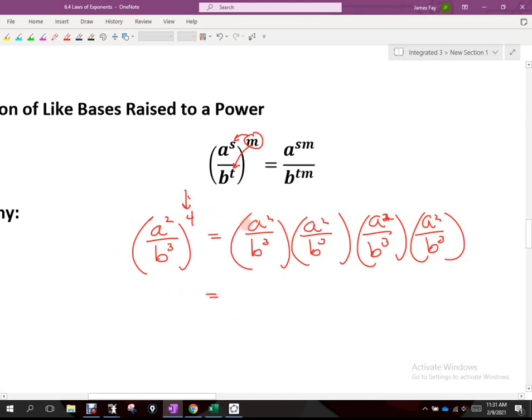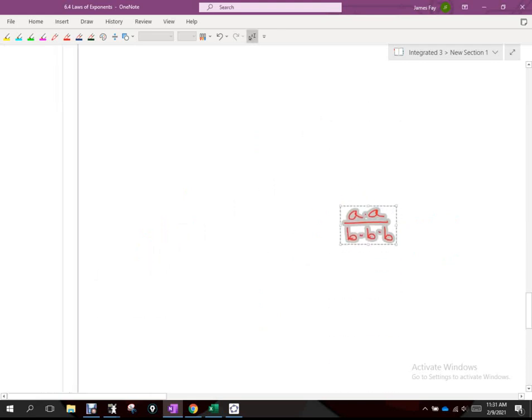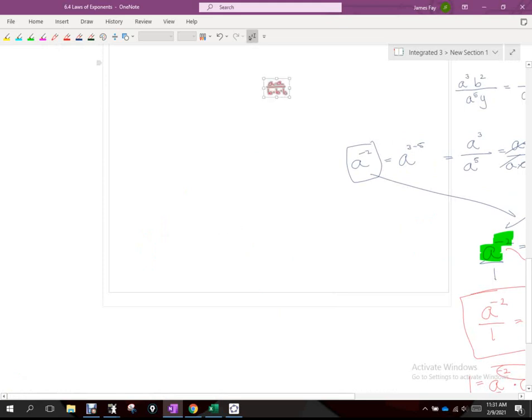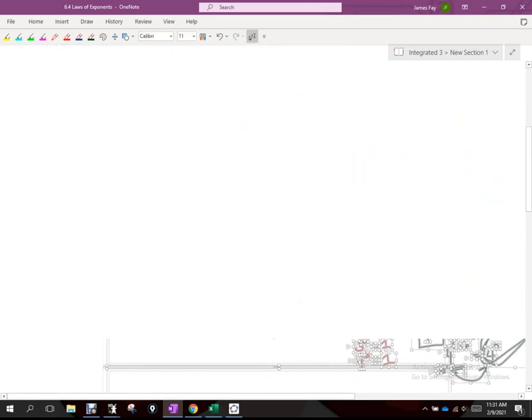Then I can take each one of those and rewrite a squared as a times a, and then b cubed as b times b. I'm going to cheat. Control C, I'm going to copy and paste these. So there's the second one.